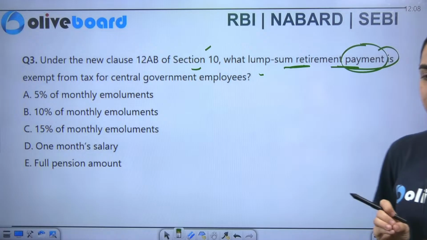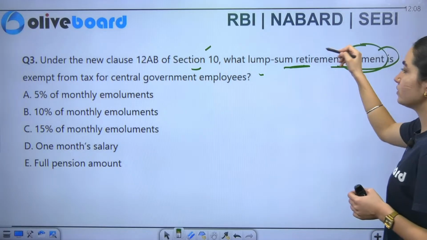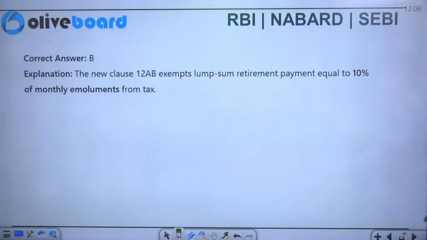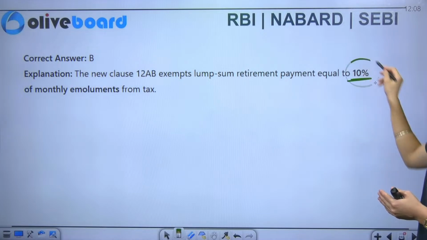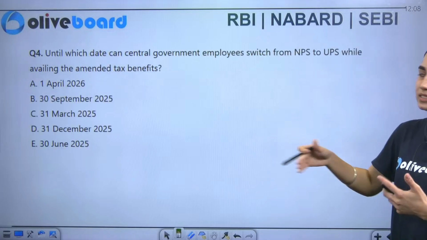Which one is the correct answer? Is it A, B, C, D, E? This is according to the recent amendment. Alright, so the correct answer is B itself, which says that the new clause, that is 12AB, exempts lump sum retirement payment that is equivalent to 10% of monthly emoluments from tax. So this is something which you need to remember since this is new.